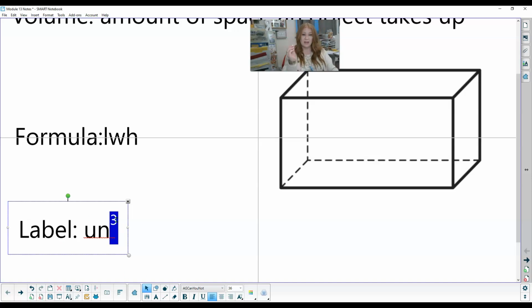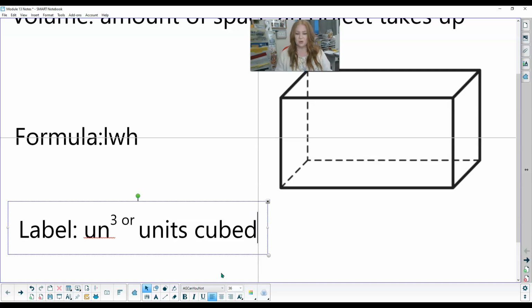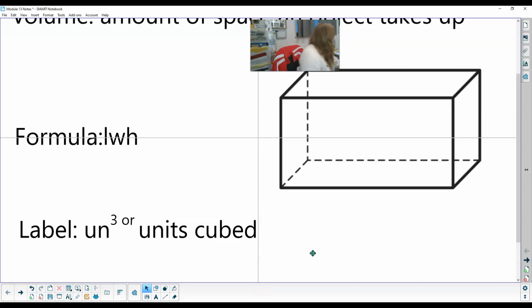When we have a 2, that means squared. When we have a 3, that means cubed. So it's units to the 3rd, or units cubed. You can write it out either way.